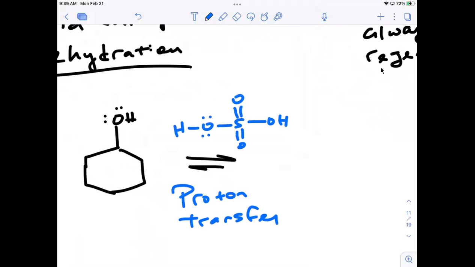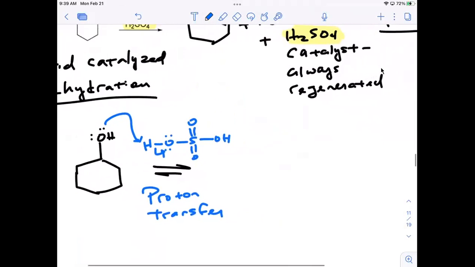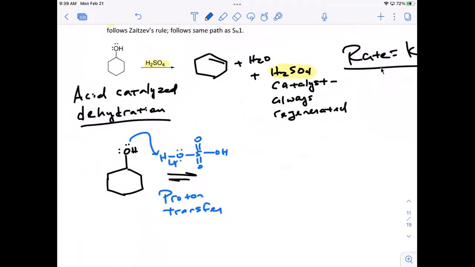The rate determining step for E1 is the same as SN1, loss of leaving group. So this is going to come here and do proton transfer, with the acid also acting as a catalyst. You only need really like a drop of acid in order for this to be facilitated. All right. So that happens.